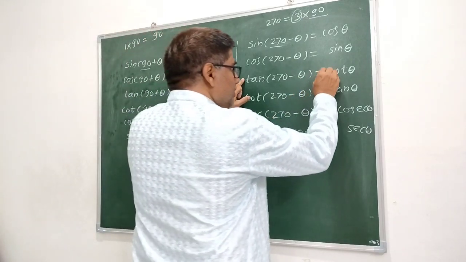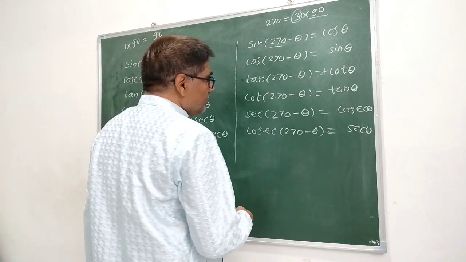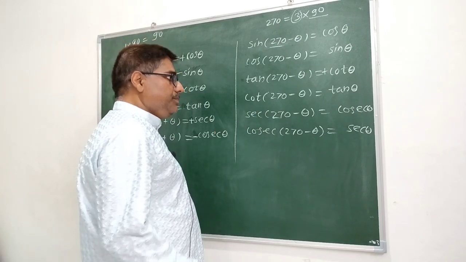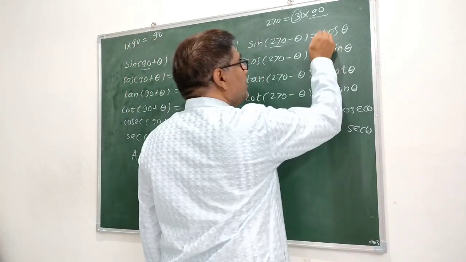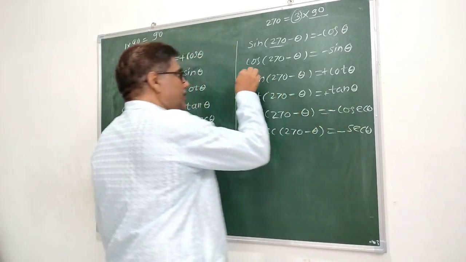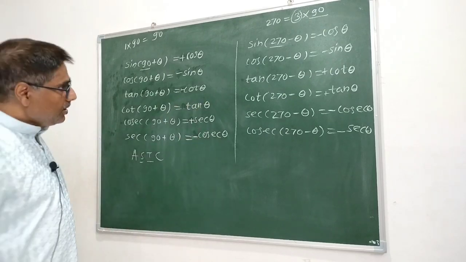Therefore, tan of 270 minus theta is plus cot theta, and cot of 270 minus theta is plus tan theta, and remaining four ratios will be negative. Tan and cot are positive in third quadrant.